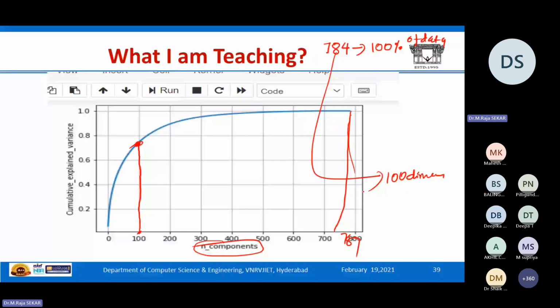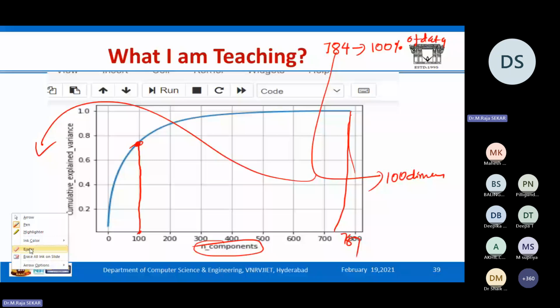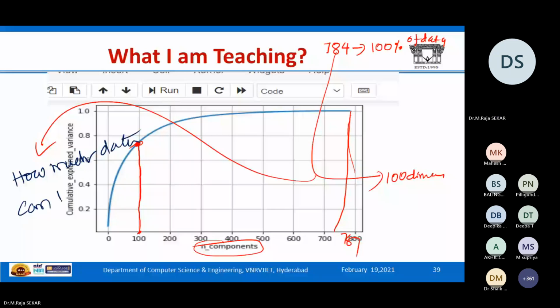how much data can I preserve? How much data can I retain? That is the question, isn't it? In that case, what do I have to do?